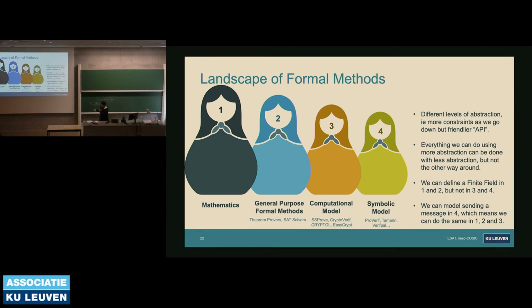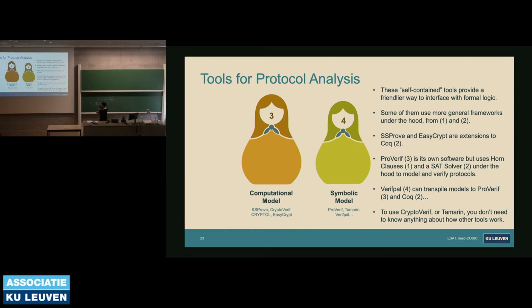So these are the tools we're basically going to look at, and we're going to focus on the symbolic model for this talk. ProVerif uses a mathematical structure called Horn clauses, and then it uses something called the applied pi calculus.